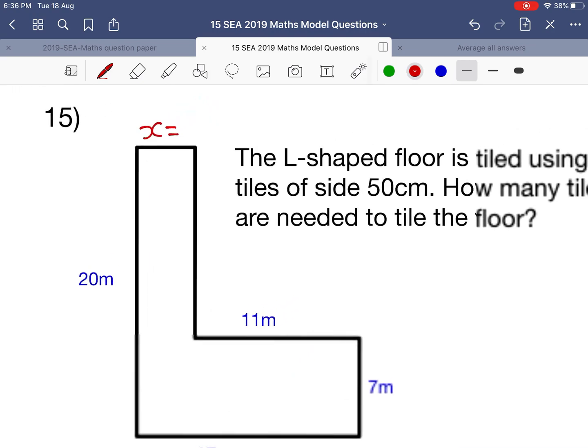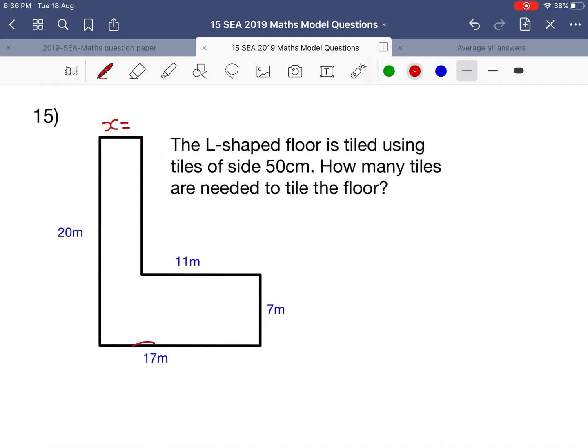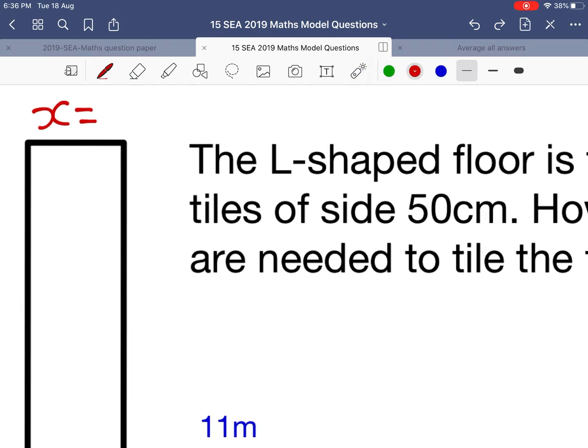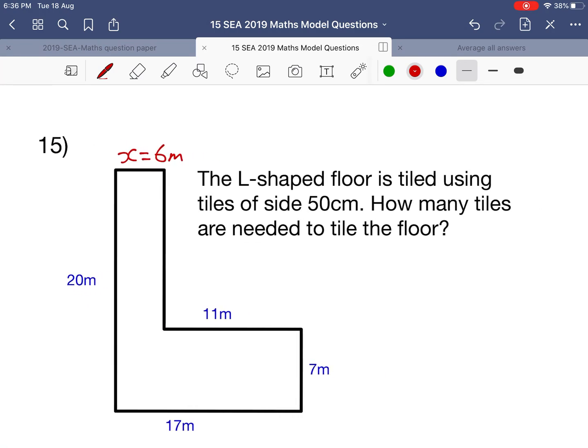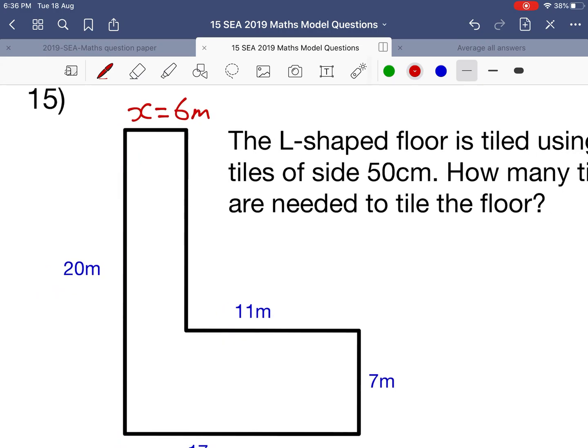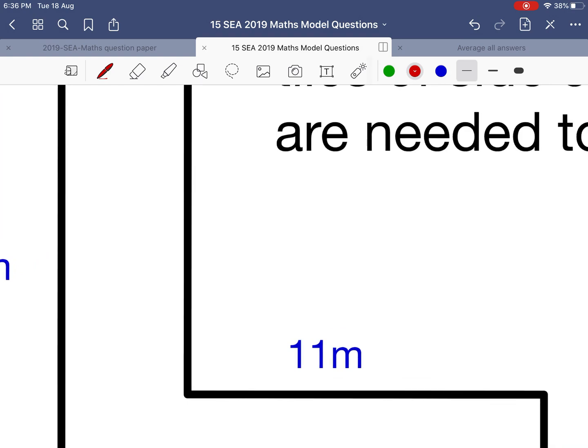X is equal to 17 take away 11, which is 6. So the area of this part here would be 20 multiplied by 6, which is 120.